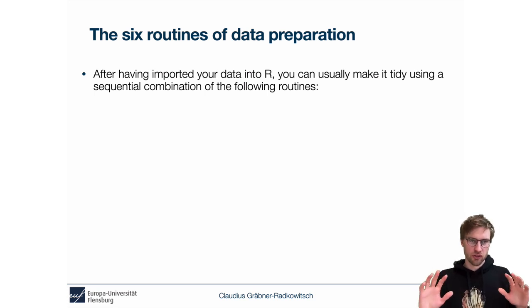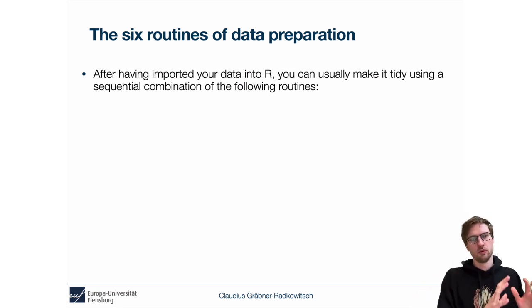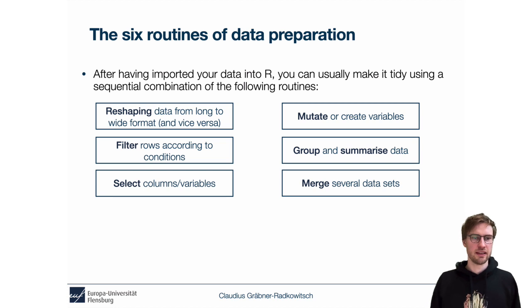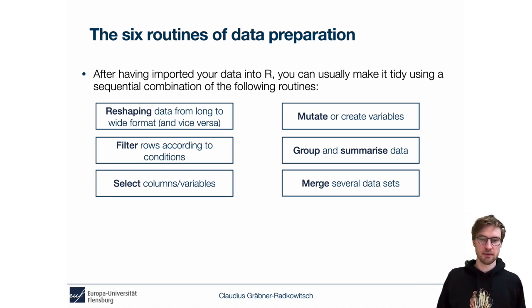So to summarize, once you got your messy data from the real world, once you've imported it into R, then the next step is you need to make it tidy and you need to bring out the information you're interested in. And you can do this by a sequential combination of all the routines that I just mentioned: reshaping, mutating, filtering, grouping, summarizing, selecting, and merging.